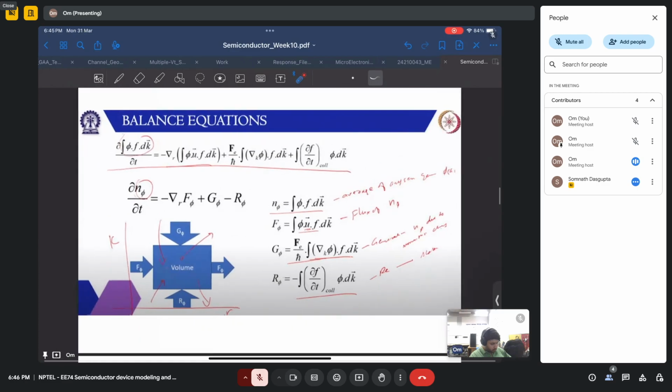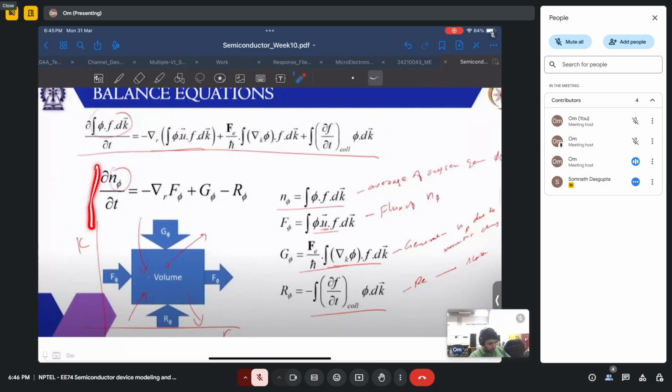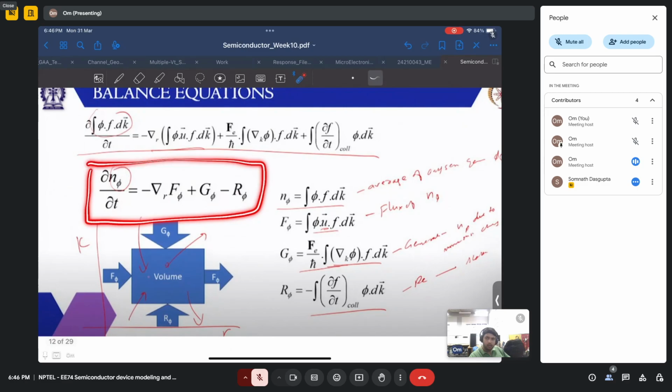So now your equation becomes something like this, which looks very similar to the continuity equation, right? In the continuity equation, you have del n by del t equals del j plus g minus r. So this looks very similar, but it is still not the same because we don't know what this phi is.